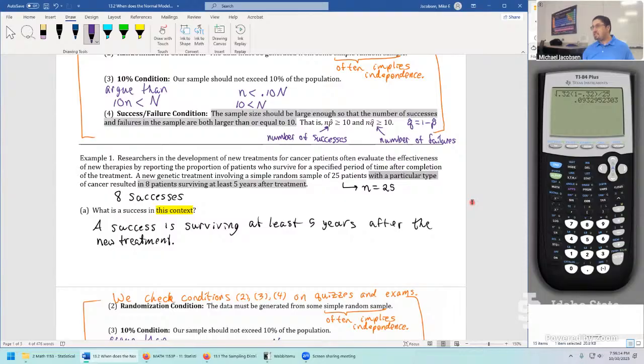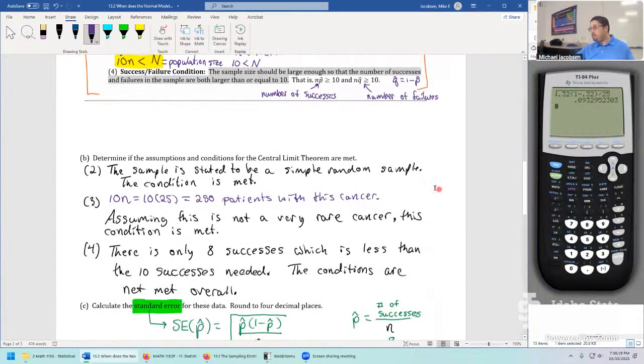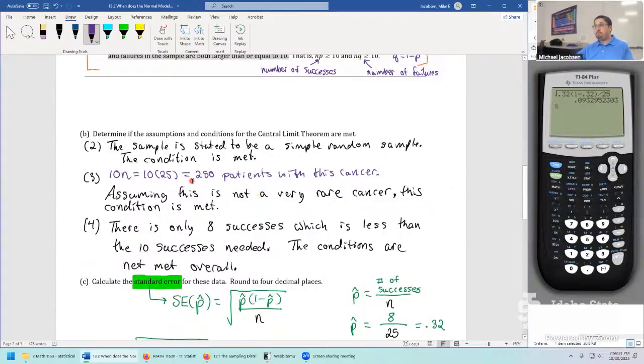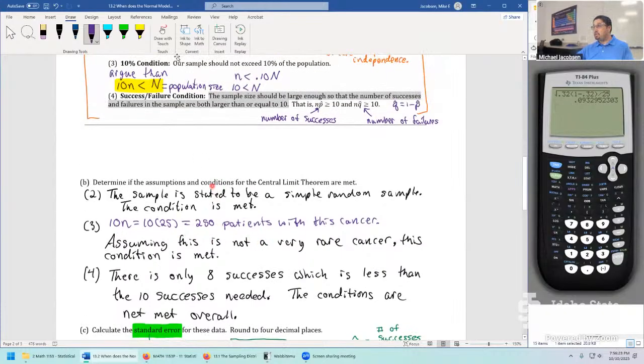But if we assume that this is a cancer that is pretty common, like melanoma, then we can say 250 patients is not more than the population size, uppercase N up here. And so if this is not a very rare cancer, we said the condition's met. 10 times the sample size isn't larger than the population size. But does that help to see what was going on here with the logic on this one?